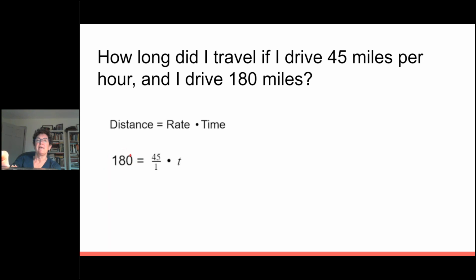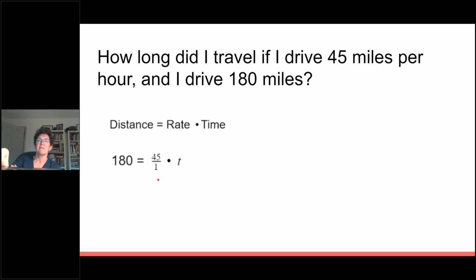So 180 equals 45 over 1 times time. How do I find this time? Well, I know that 45 is multiplied by this variable. So in order to undo that, I have to do the opposite. I'm going to divide both sides of my equation by 45. So 45 divided by 45 on this side of the equation equals 1. Now that will leave my variable isolated by itself.